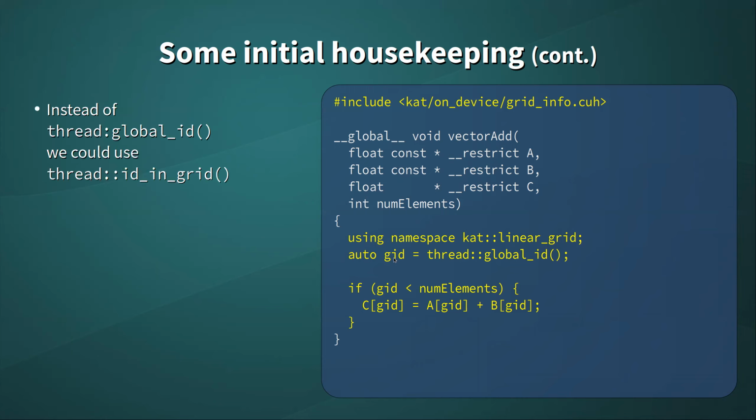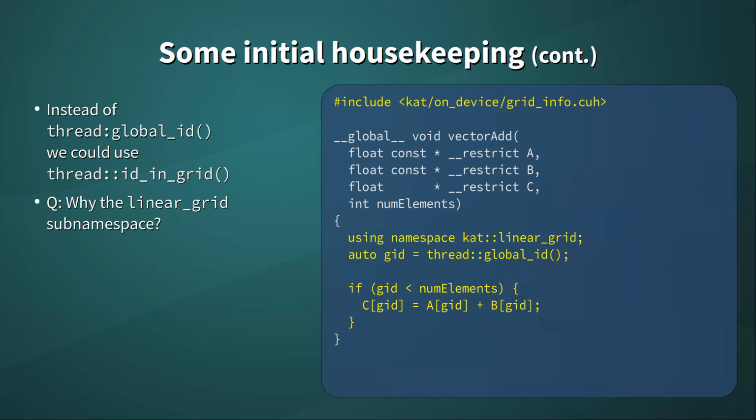And there are also some aliases for that identifier. So if you don't remember exactly whether the function is called global ID or ID in grid or something similar, then it's very often the case that the library provides that alias as well.